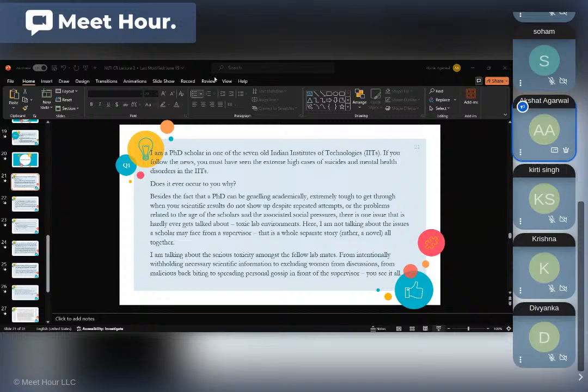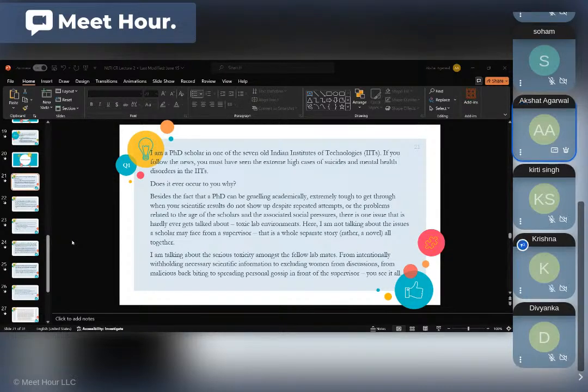What I want you to do is focus on this line: that is a whole separate story, rather a novel altogether. Am I sharing the screen right now? Is it visible to everyone? Yes.